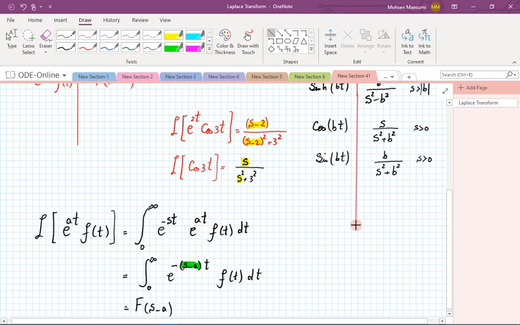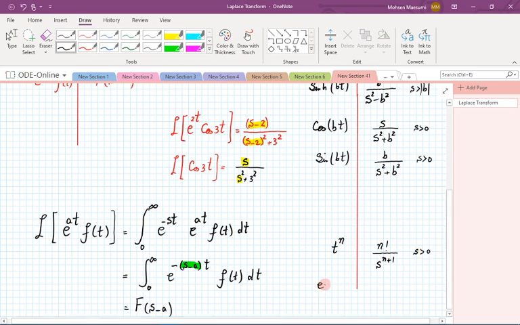Let me include that here also. So you remember we had t to the power of n, that was n factorial over s to the power of n plus 1, s being positive.